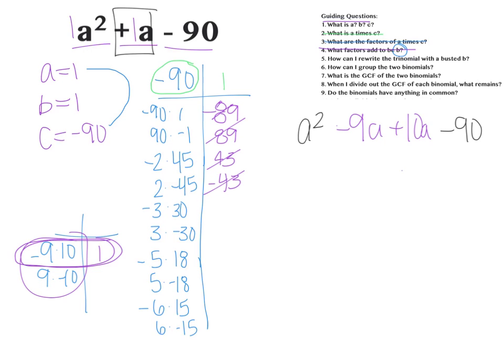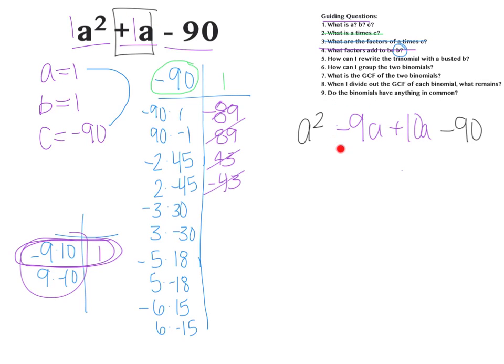So I want to point out what we've just done is we've turned this trinomial into a polynomial, a 4-term piece, because we need 4 terms in order to factor. And so what we've done is we've not changed the value of this trinomial. A squared plus 1a minus 90 is going to be equal to a squared minus 9a plus 10a minus 90, because negative 9a plus 10a still give me that positive 1a.